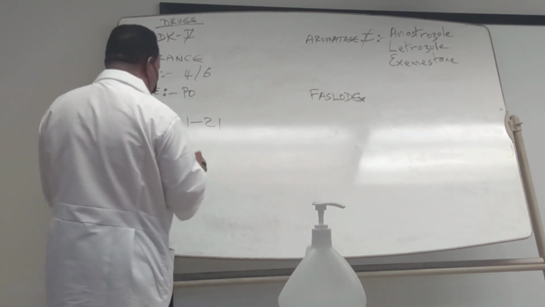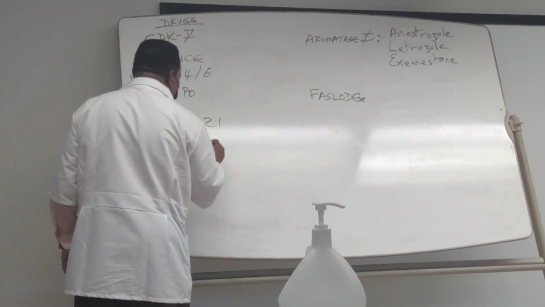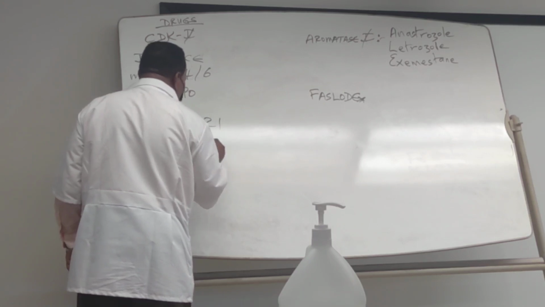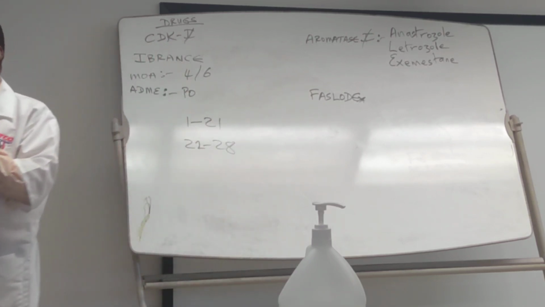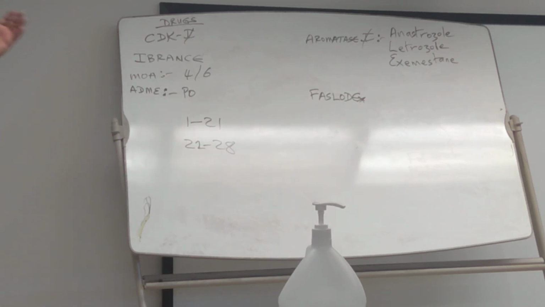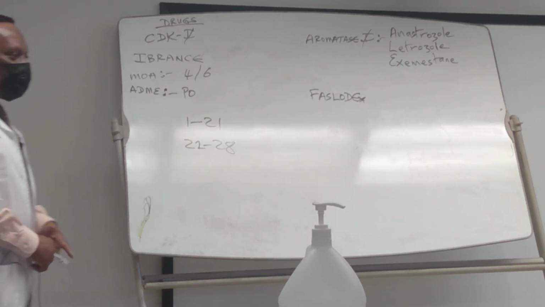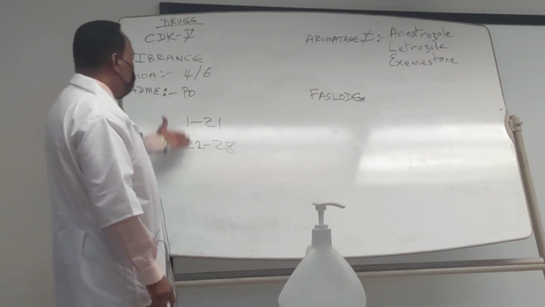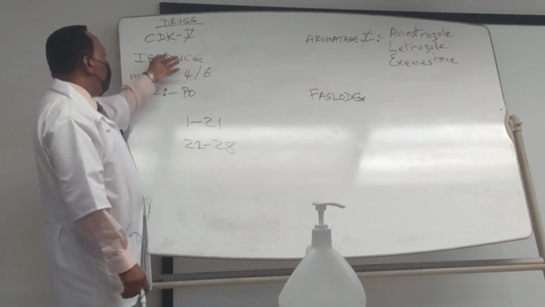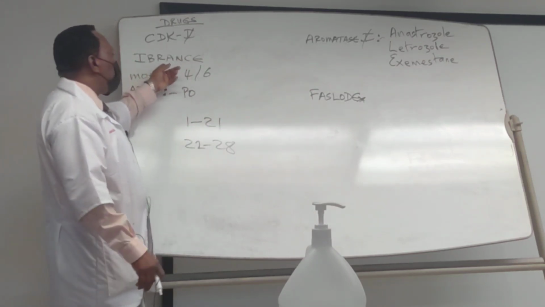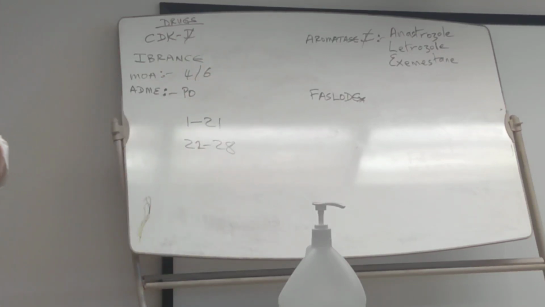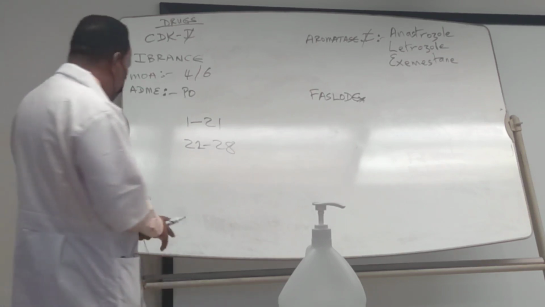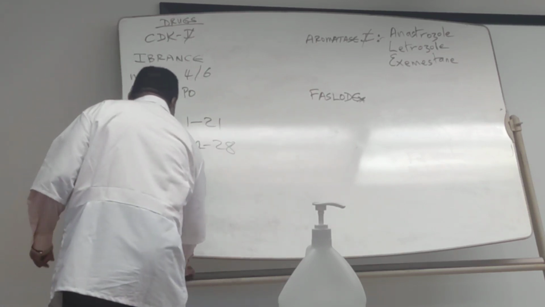And then on days 22 to 28, you give only the aromatase inhibitor. So days 1 to 21 will be the combination, Ibrance plus the aromatase inhibitors. Days 22 to 28, it will just be the aromatase inhibitors only.